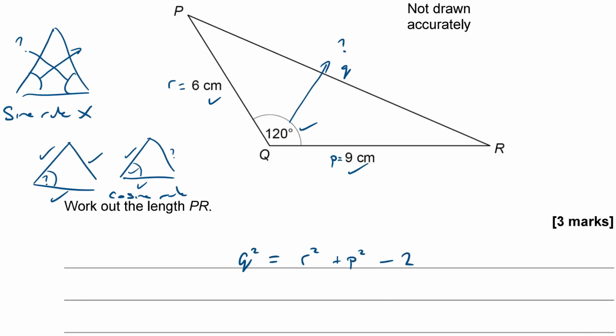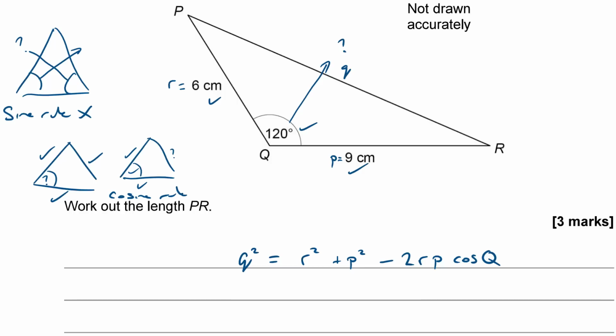Then you minus 2 lots of those 2 letters again, 2RP cos, and then the angle that you've got, which is cos Q. So Q squared equals R squared plus P squared minus 2RP cos Q. Like I said, I kind of remember the form of it, and I can reformulate it for any given triangle, and that's what you need to be able to do too.